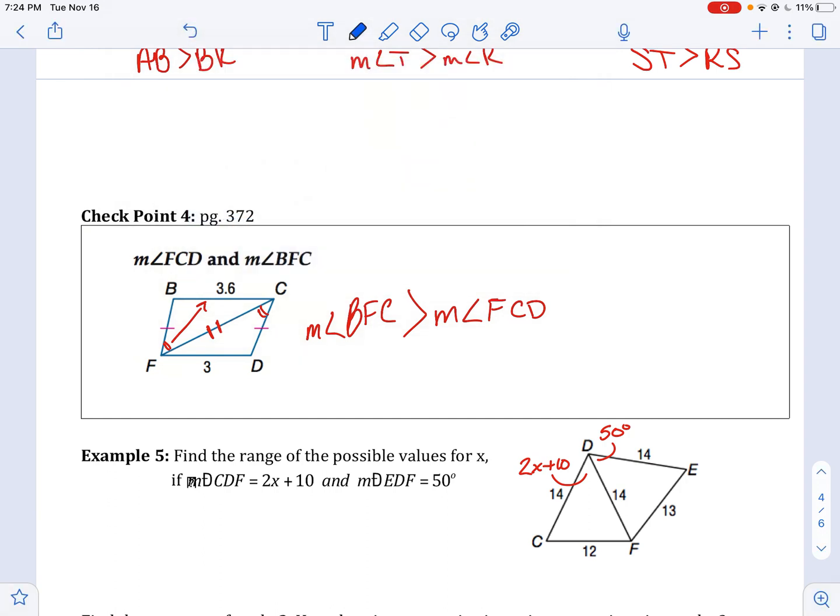And again, think about opposite sides. How do these two angles compare? Well, 50 must be larger than 2x plus 10 because 13 is larger than 12. So 40 should be larger than 2x, or x should be less than 20.